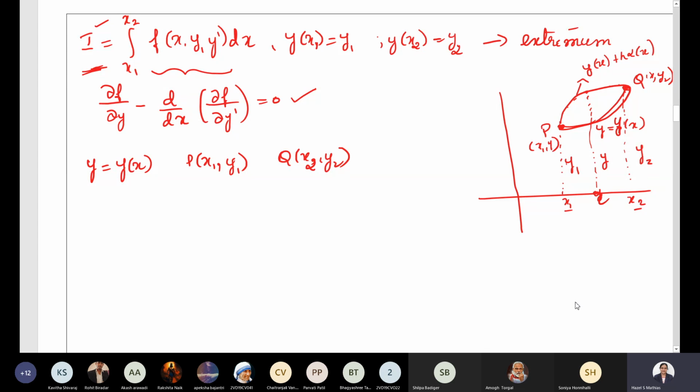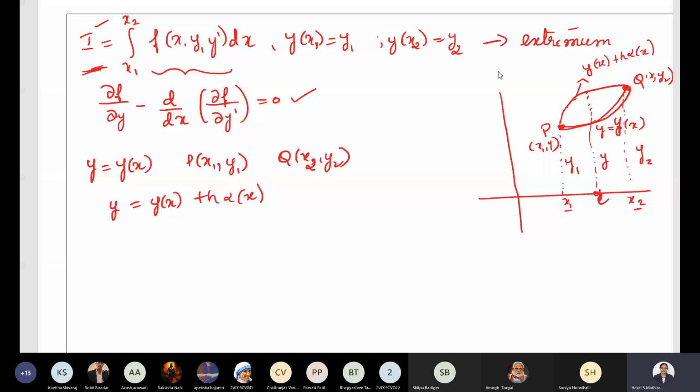Now we consider one more curve. Let y equal to y of x plus h times alpha x. This is the neighboring curve which joins the points P and Q. Now just check this.